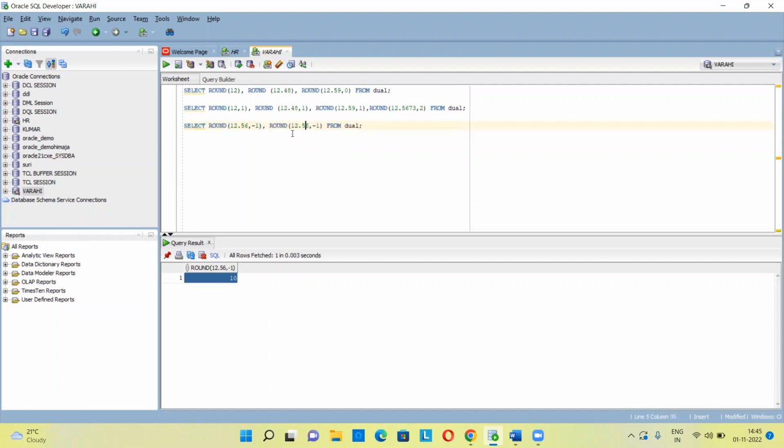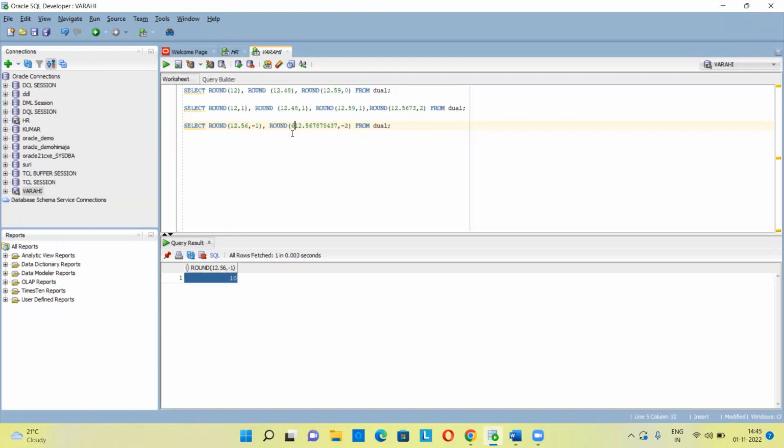I'm writing one more example. This time I'm writing 612. It may have any number of decimals, no problem. And I am passing -2. So -2 means the same. This is 1, this is 2.